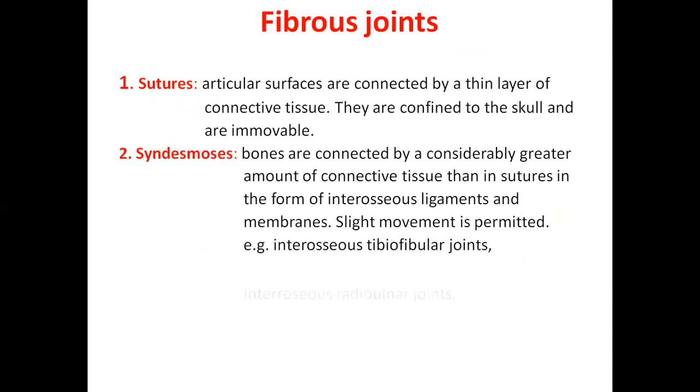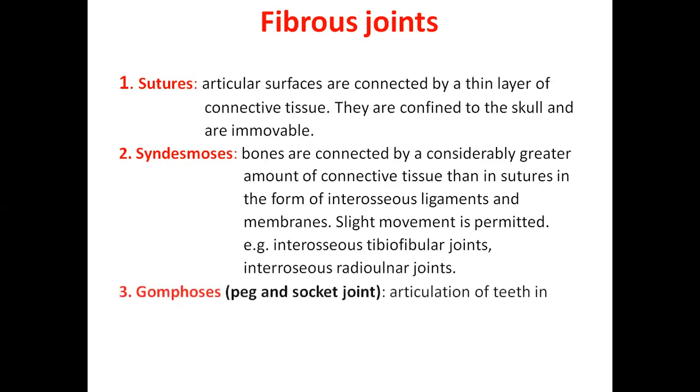So, first type of the fibrous joints, as I told you, the bones are united with each other by fibrous tissue, and these fibrous tissues are of various amount and various types.